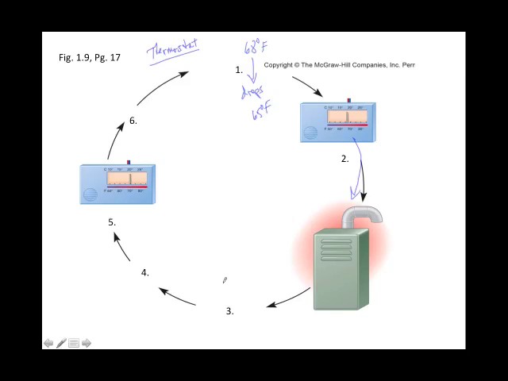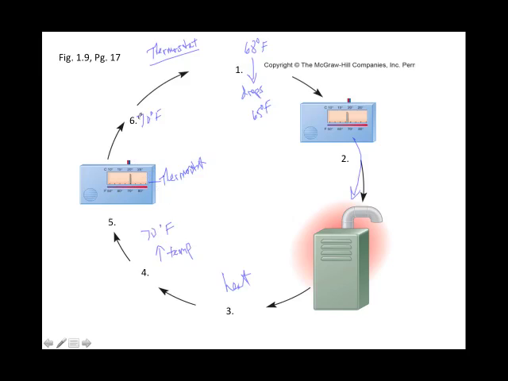The furnace generates heat. We see a rise in temperature. The thermostat detects that temperature. Let's say it raises to 70 degrees.